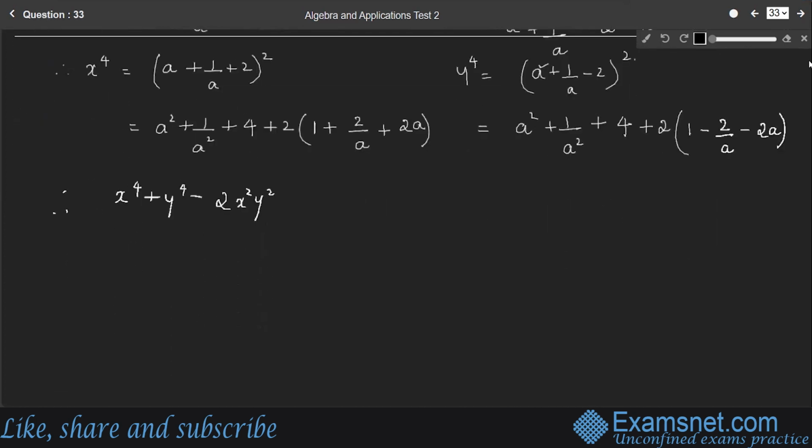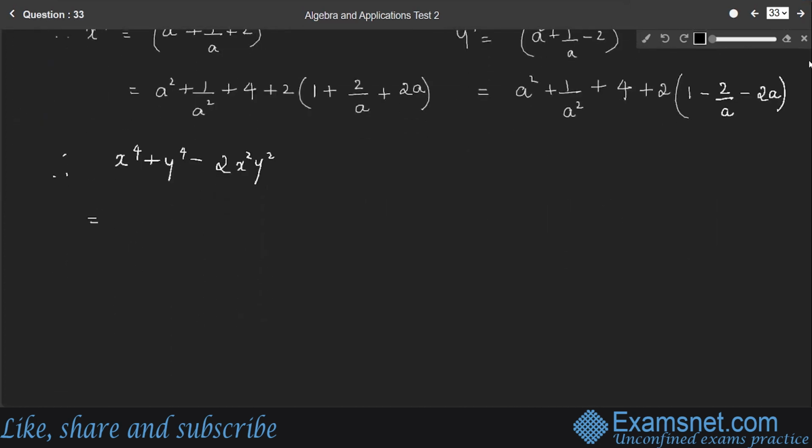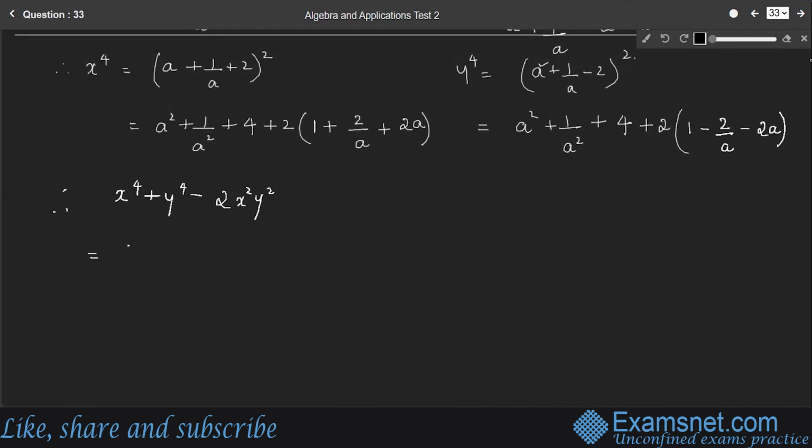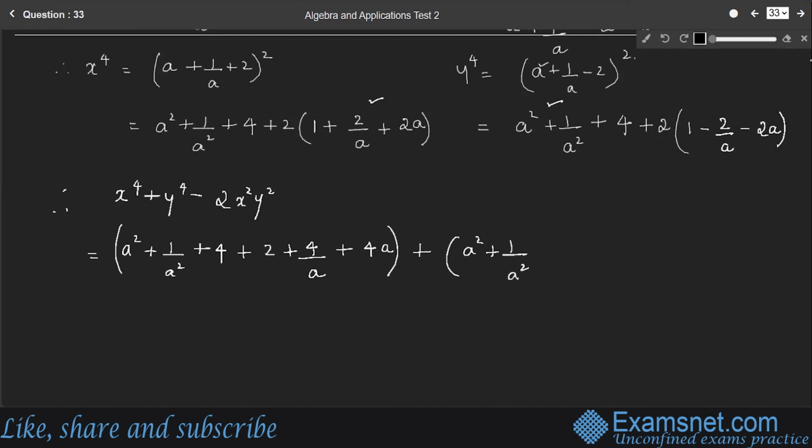So, let us write the value of x raised to 4: a square plus 1 by a square plus 4, plus, expanding this term, 2 into 1 is 2, plus 2 into 2 by a, which is 4 by a, and 2 into 2a becomes 4a. Then y raised to 4: a square plus 1 by a square plus 4, plus 2 into 1 is 2, so minus 4 by a minus 4a, right?